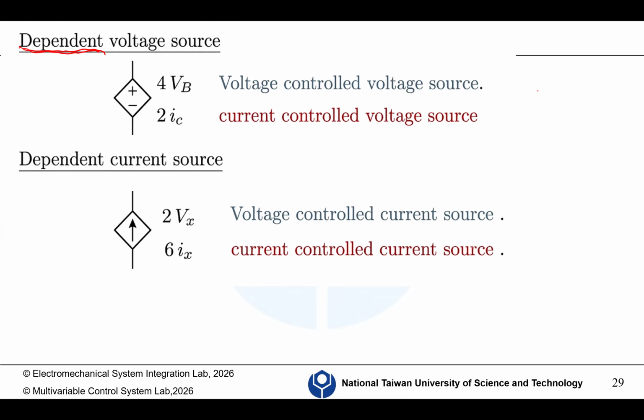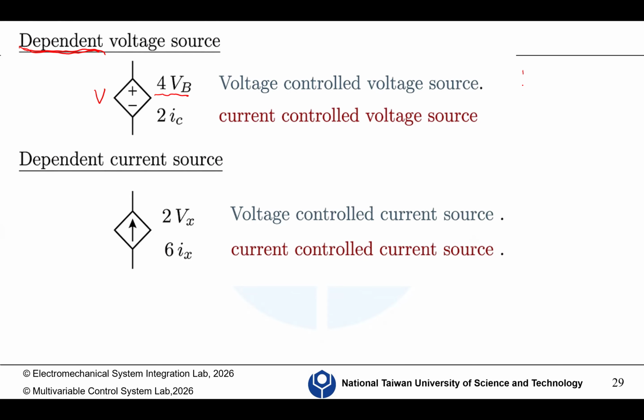So it means the voltage here is 4 times VB. The voltage V of this source depends on the value of some other element in this circuit.